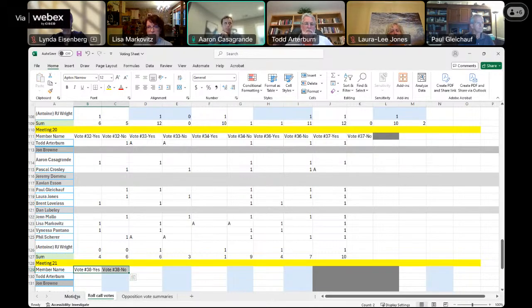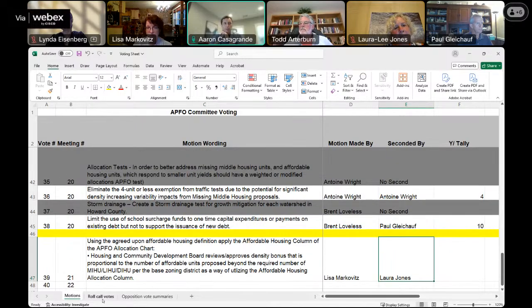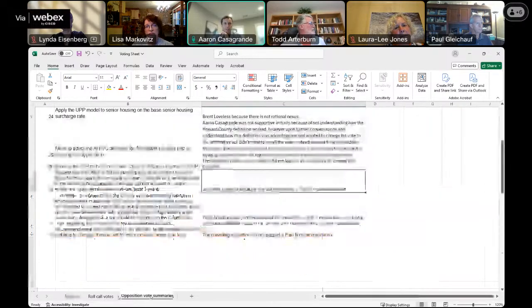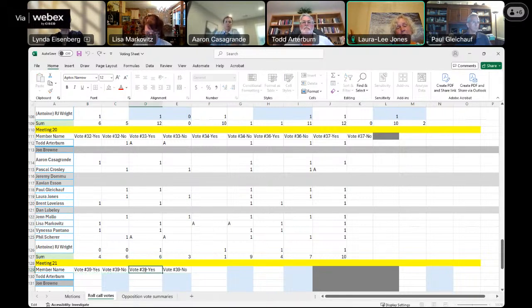So when you have a mixed project that has both market rate and affordable housing, wouldn't you already be pulling from both buckets, or are you only pulling from one? No, you are pulling from both buckets, but if you have the option to increase the number of units and you can't get any more allocations from the other columns, there's the MIHU column that maybe you could pull from there.